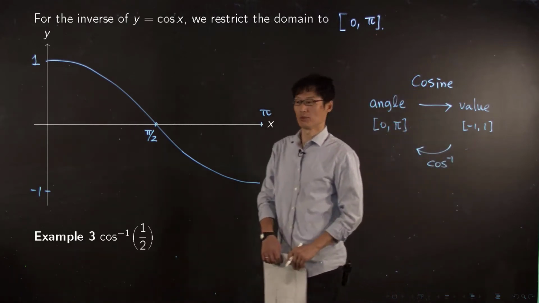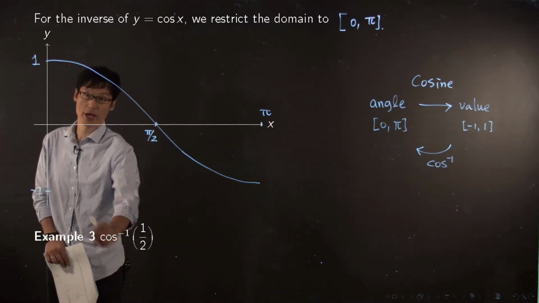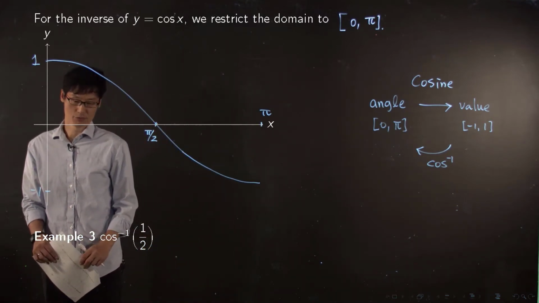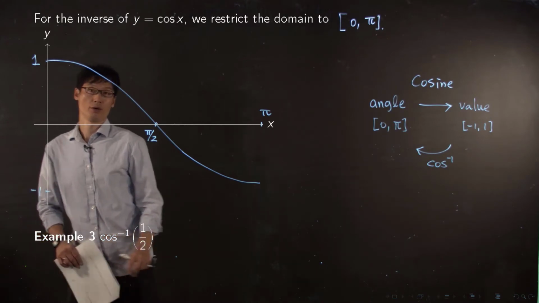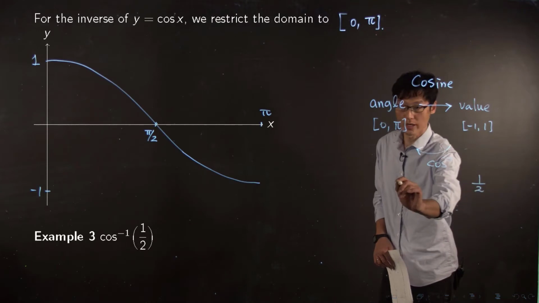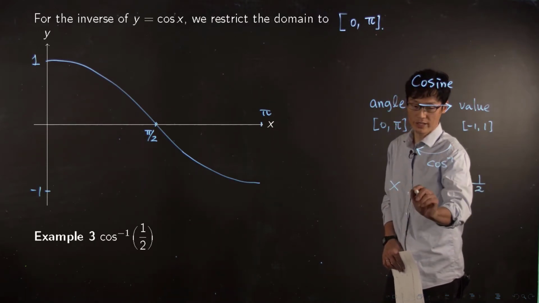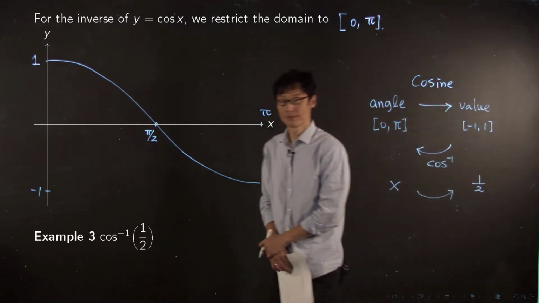So here is a quick example. When you have 1/2 inside the inverse of cosine, well, here 1/2 is some certain value. You are after a certain angle so that cosine of x is exactly 1/2.